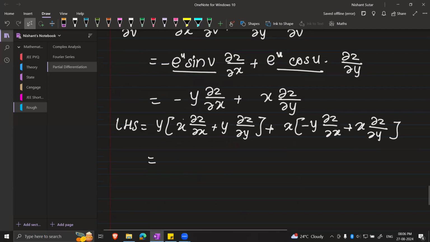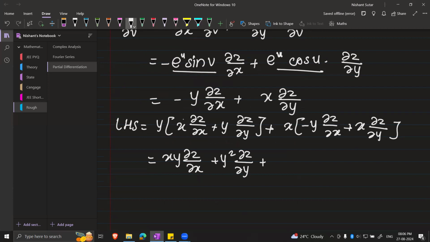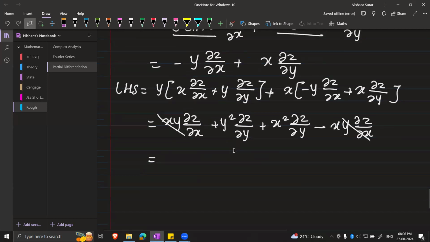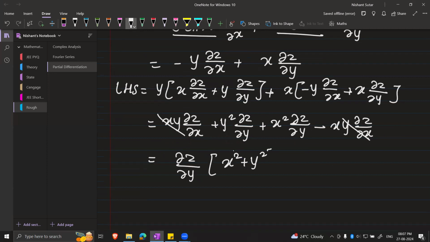So this is xy del z by del x plus y square del z by del y plus x square del z by del y and minus xy del z by del x. Note that this quantity gets cancelled. So we will have del z by del y multiplied by x square plus y square.